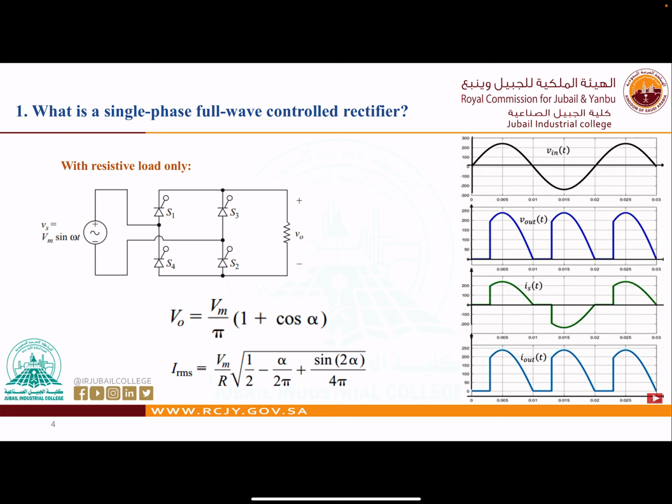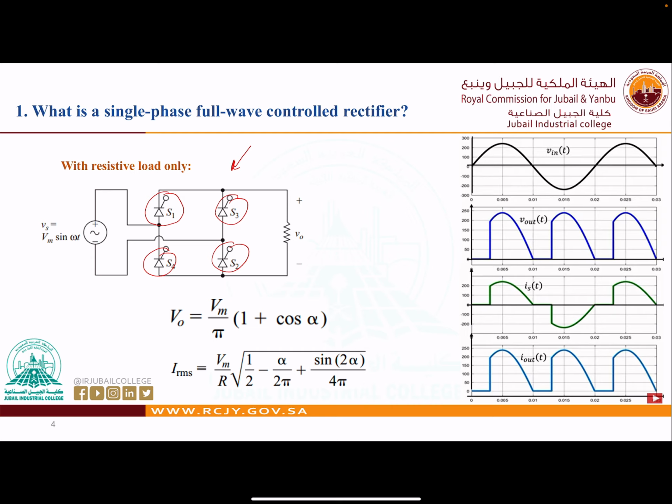Now this is our circuit, the bridge controlled rectifier circuit. We have here S1, S2, S3, S4, the numbering of the SCRs, same as the diodes.